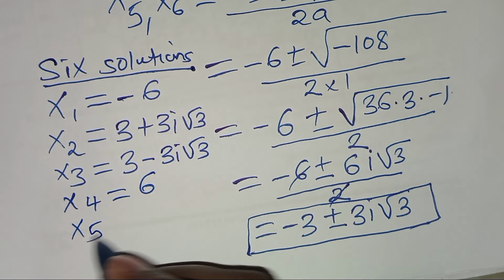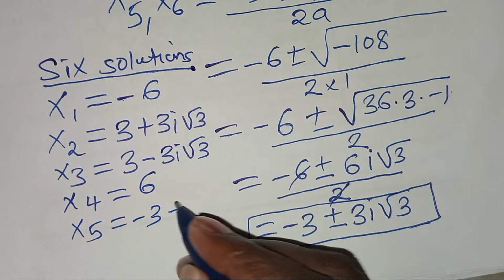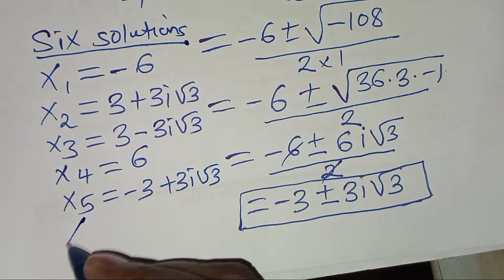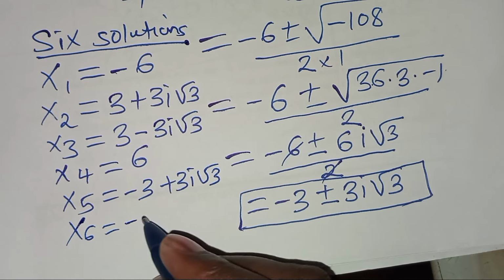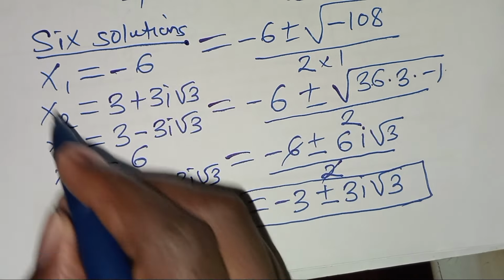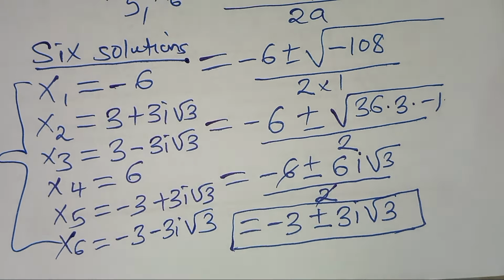We have x5, which is equal to negative 3 plus 3i square root of 3. And lastly, x6, which is negative 3 subtract 3i square root of 3. Now, these are the 6 solutions to our algebra problem.